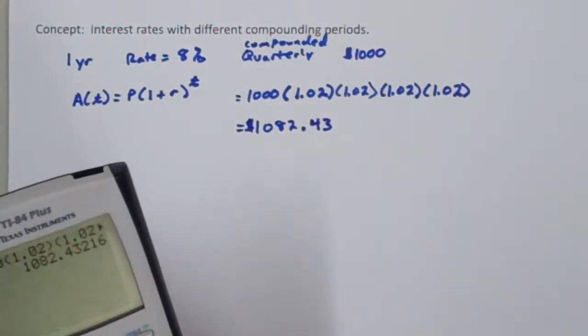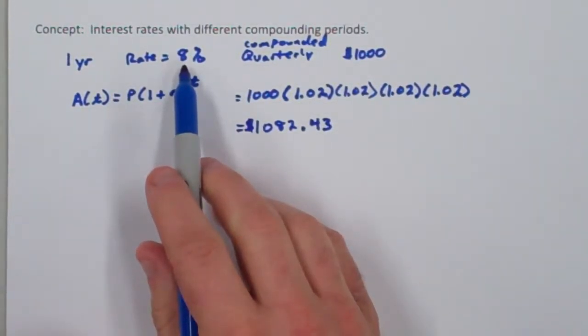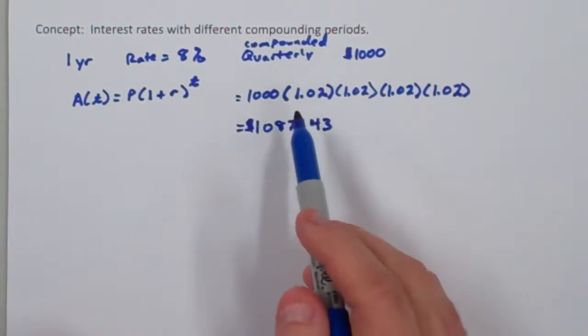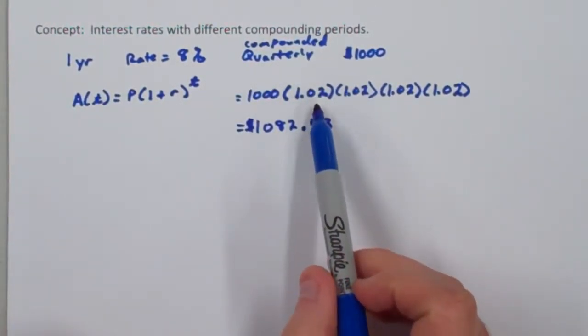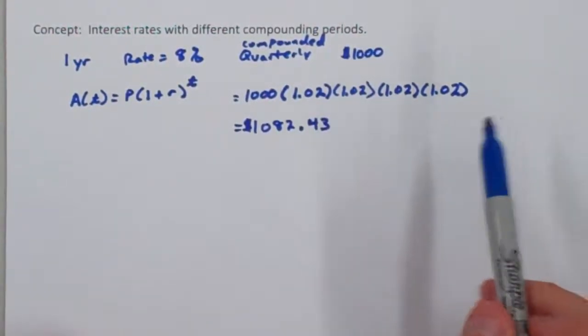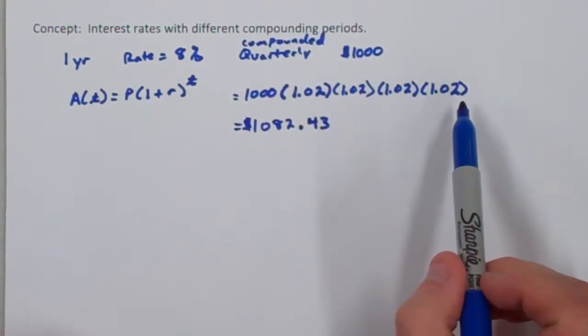So if this interest rate was applied just 1 time, then 8% of 1,000 would be 80, and you'd have 1,080 in your account. But the power of compounding is that you'll end up with a little bit more because the rate is being applied more than just 1 time.